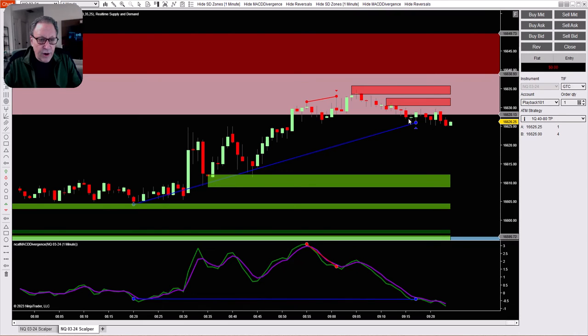As we were starting to come down, we did get a signal to go long, but I've got two strong blocks of additional resistance. In addition to the resistance zones over here, I've got two dynamic supply and demand zones. So I'm not going to take that long, okay? And as you can see, it's starting to bump off of here. I'm really looking for short signals coming up right around here.